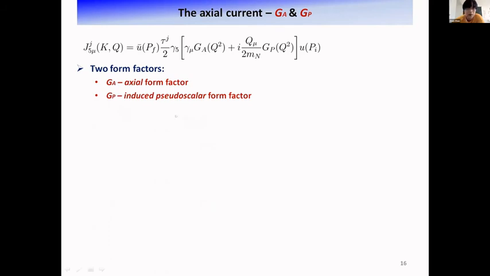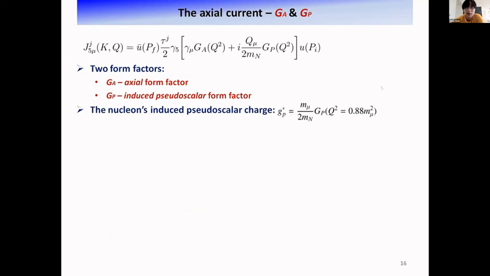For GP, the induced pseudoscalar form factor, we can define the nucleon's induced pseudoscalar charge, GP star, in this expression. For GP, there is another approximation, the pion pole dominance approximation, the PPD relation. It can be expressed in this form.